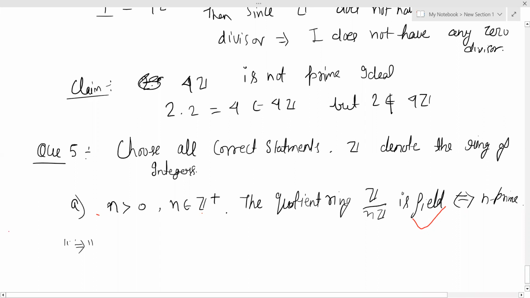Tell me again. nZ is a maximal ideal if and only if n is a prime number. Okay, how will you prove that? When nZ is a maximal ideal, Z by nZ is a field. This is the same statement, right?